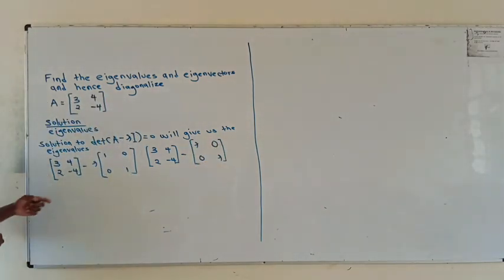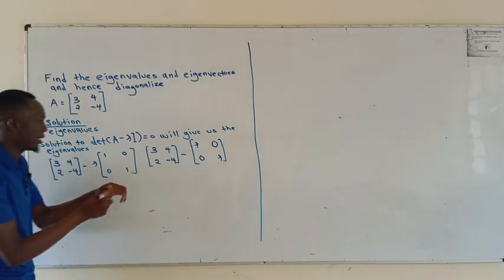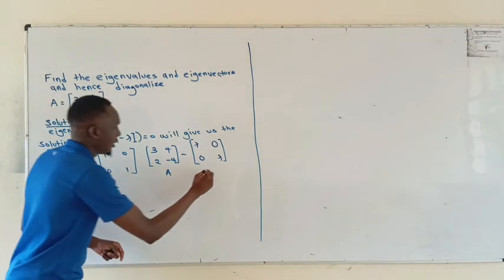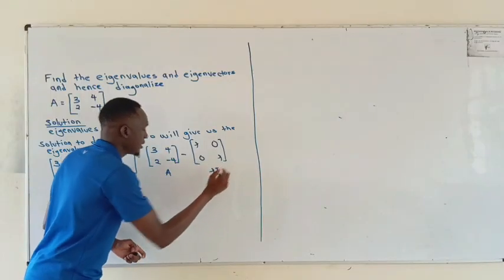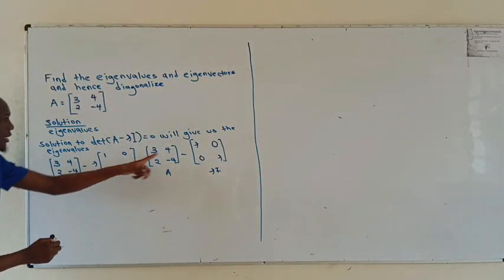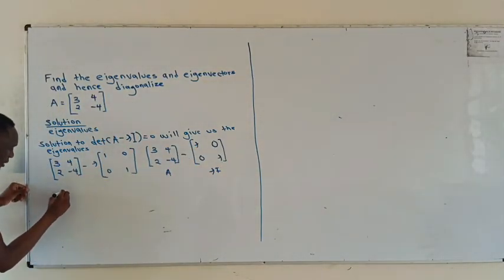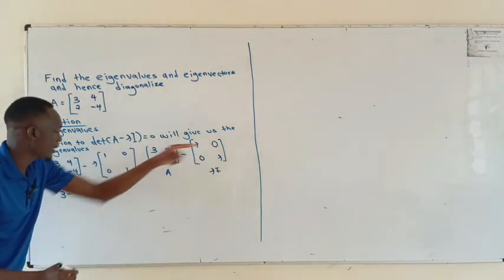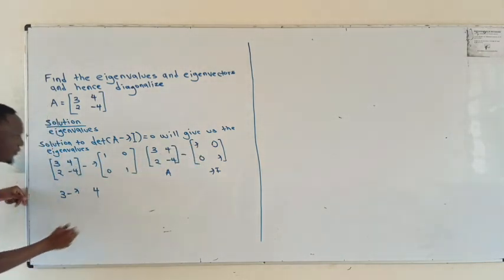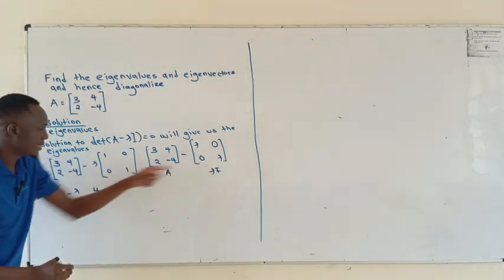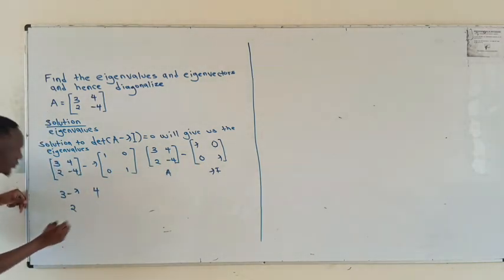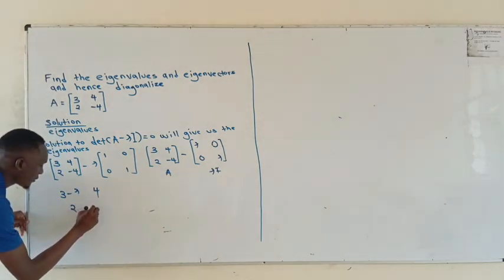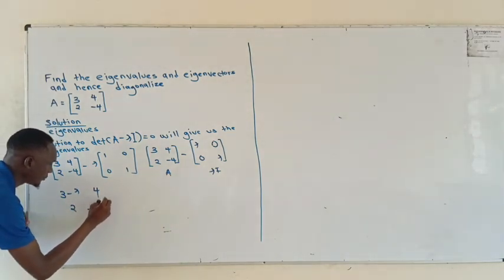We realize that this is our A, and this is our lambda times the identity matrix. So 3 minus lambda is 3 minus lambda. Then we have 4 minus 0, which is 4. We have 2 minus 0, which is 2. And we have negative 4 minus lambda.